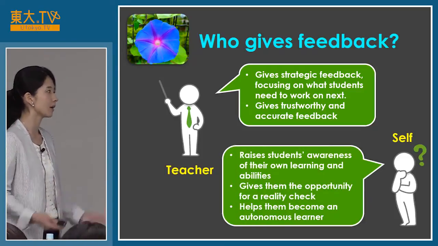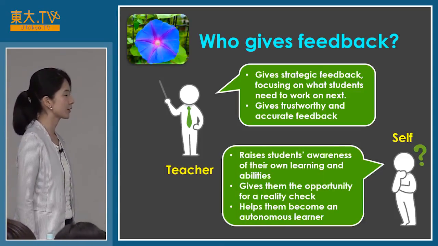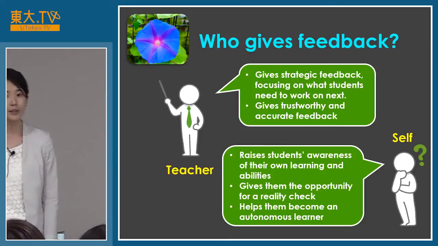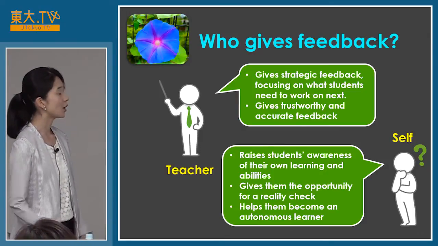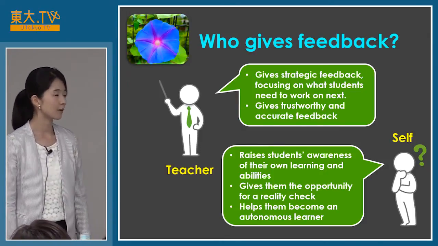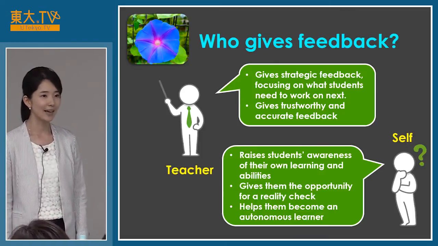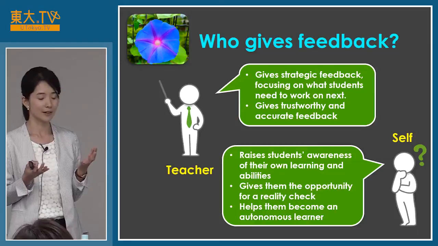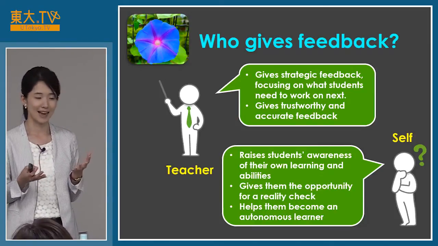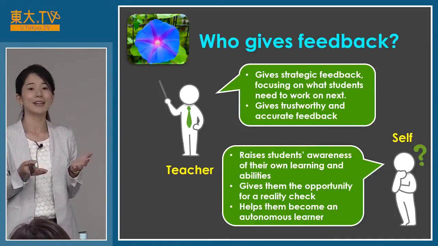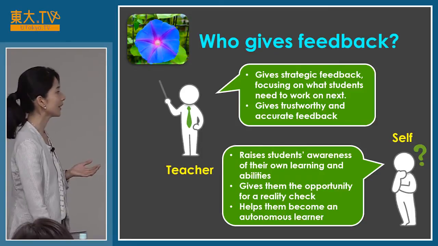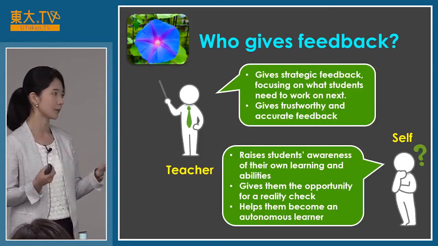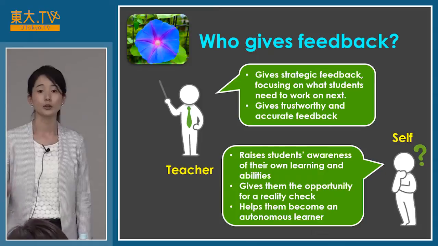And that's because it raises students' awareness of their own learning and also abilities, what they can do. It also gives them the opportunity for a reality check, so they can check whether their understanding of whether they did well on the task is actually the case, like Joni was saying. And also, it helps them become an autonomous learner in the longer term.